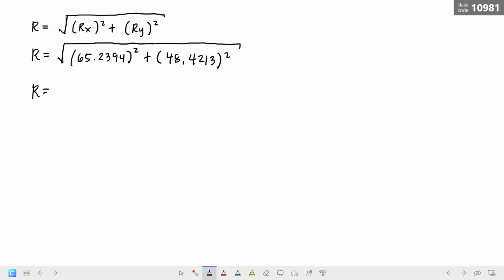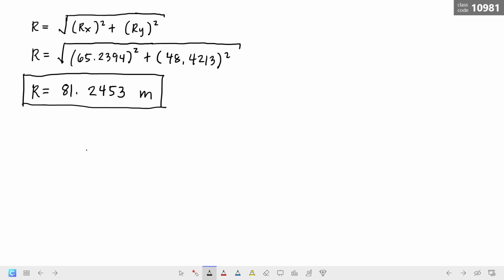So, our resultant is the square root of 65.2394 squared plus 48.4213 squared. I have 81.2453. That is our magnitude, the magnitude of the resultant.